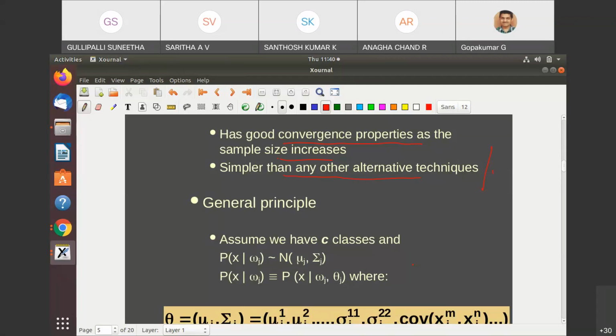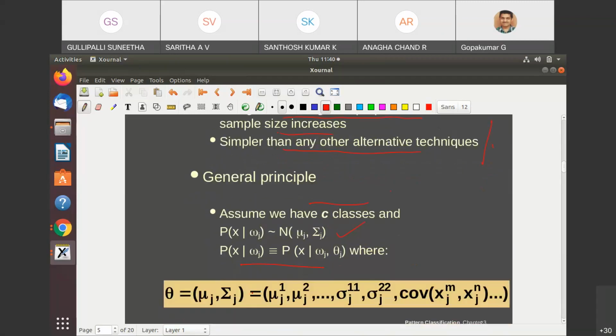So we are assuming that we have C classes, and that they are approximated by normal densities. We have also seen this notation, that the class conditional densities depend on the theta values. When you look at the theta value, we have seen that it is a vector, the parameter vector.